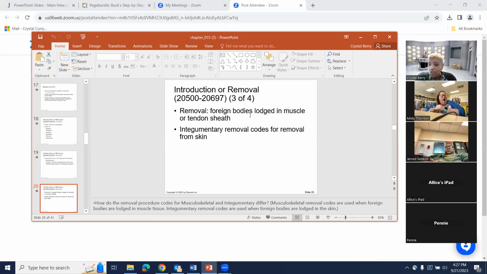Musculoskeletal removal codes are used when foreign bodies are lodged in muscle tissue. Integumentary removal codes are used when foreign bodies are lodged in the skin. The reason they keep stressing this is because a lot of people get confused between the musculoskeletal system and the integumentary system, because you're going into the skin, but you're on that top layer, not going deep into the muscle.